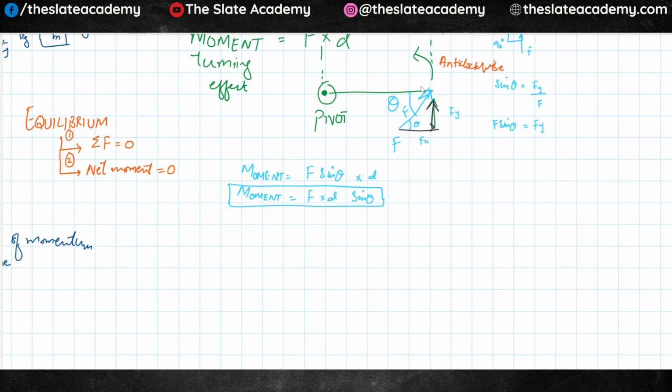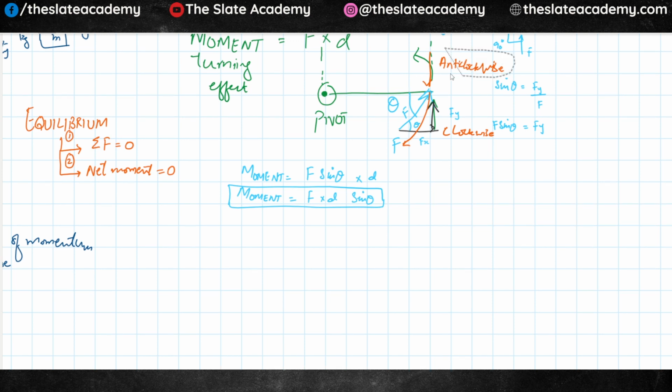Had this force been acting from top to bottom on this body, then the moment created in the body would have been clockwise. Agreed? So the moment is either anti-clockwise or clockwise.